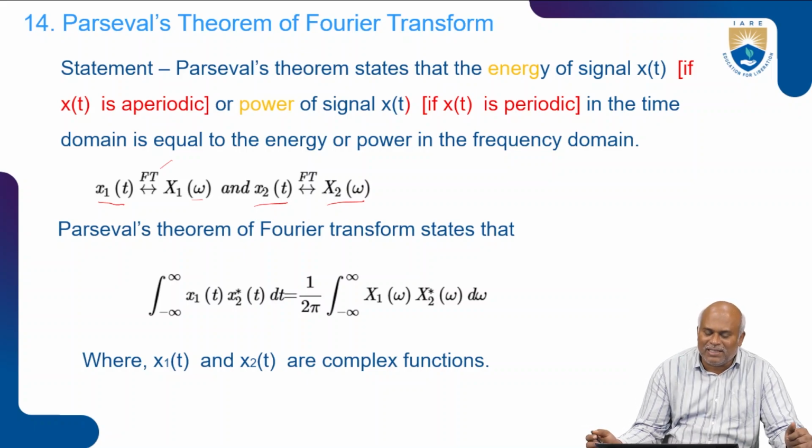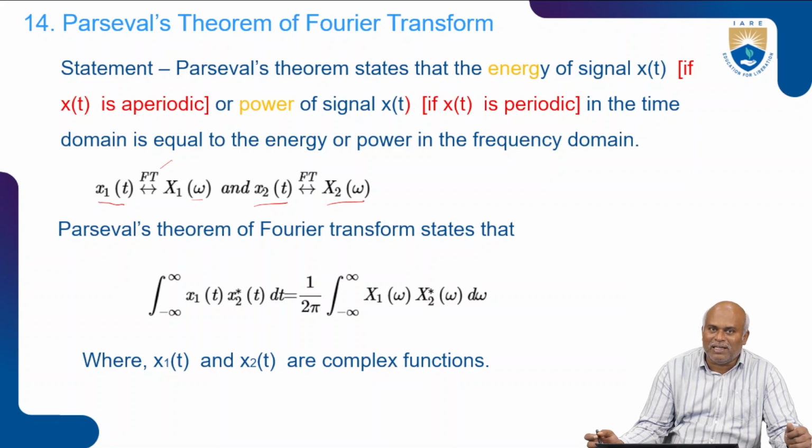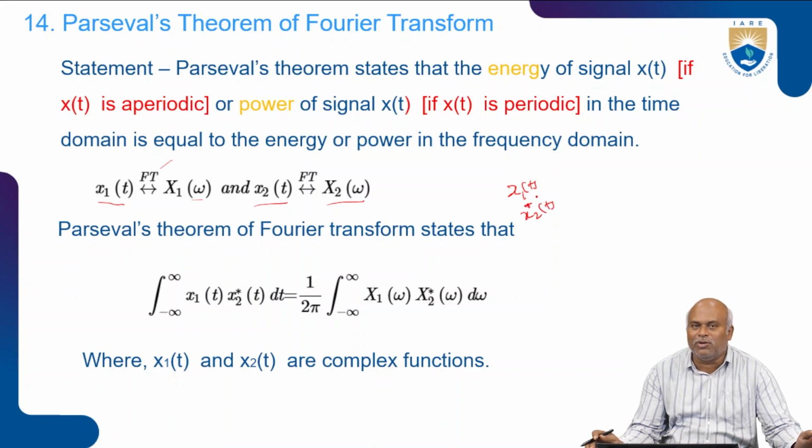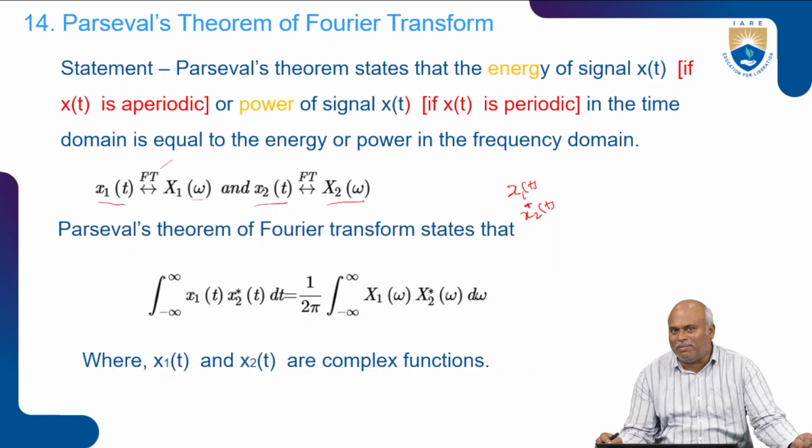So I take two signals, x1 of t and x2 of t. I don't change x1 of t, but for x2 of t I take the complex conjugate, because we need to prove the Parseval statement.